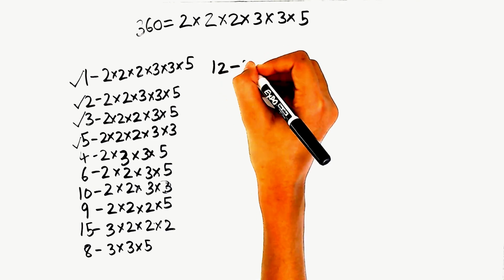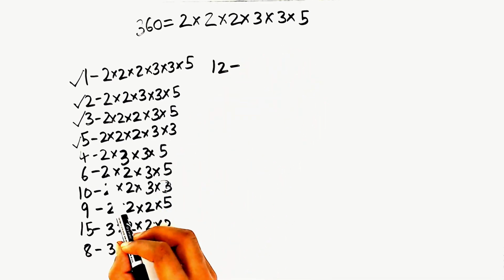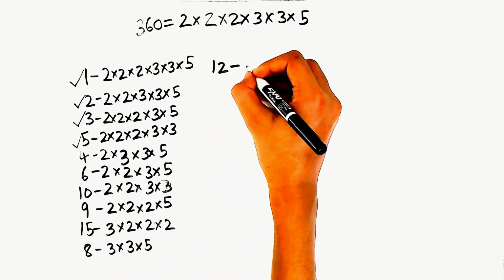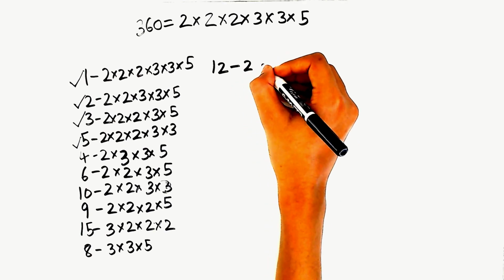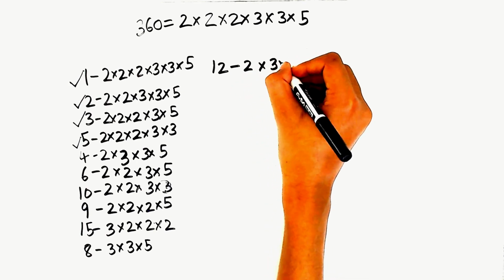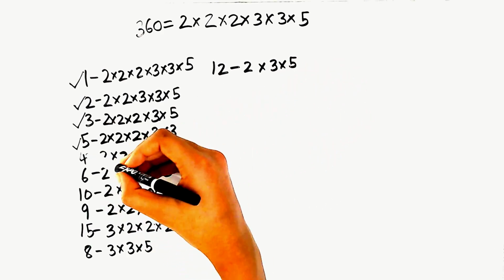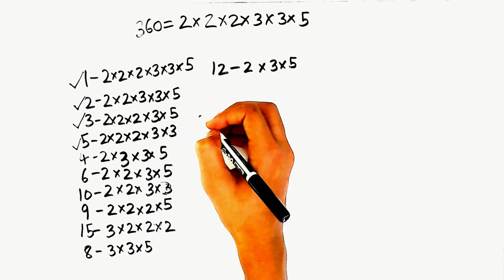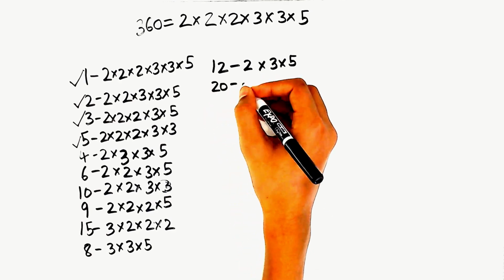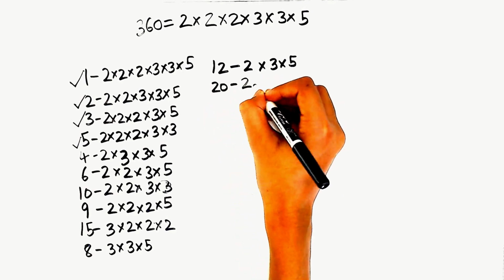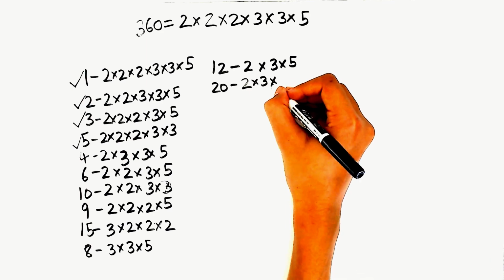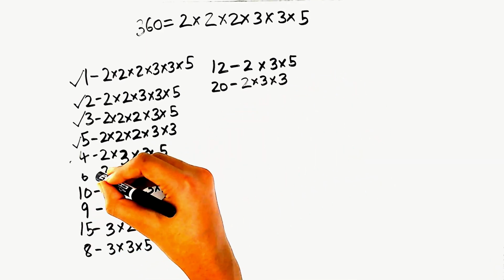So 12 would be 2 times 3 times 5. And 4 times 5 is 20. So 20 would be 2 times 3 times 3. So we're done with 4.